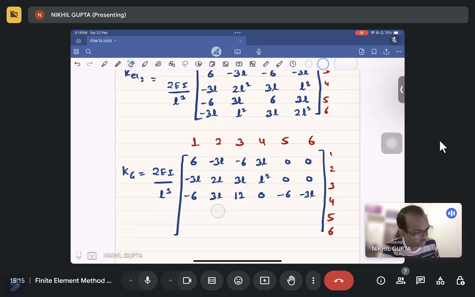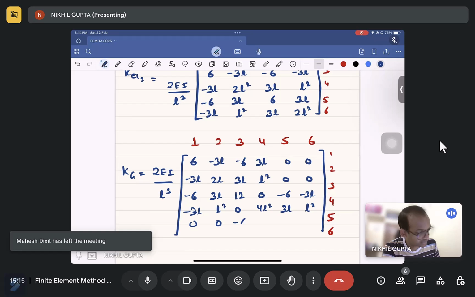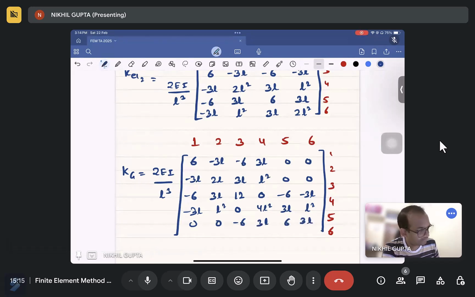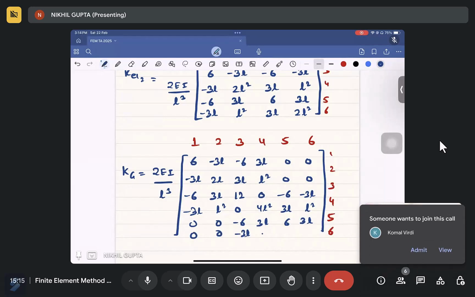So this is the fourth column, so the fourth column will be minus 3L, L square 0, 4L square 3L, L square 0 0, minus 6 3L, 6 3L, 0 0, minus 3L, L square 3L and 2L square.